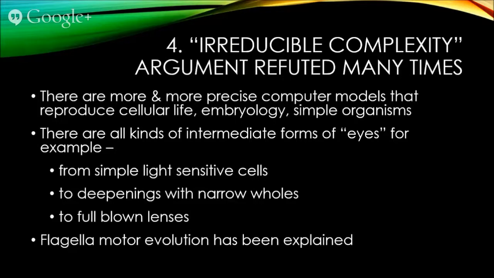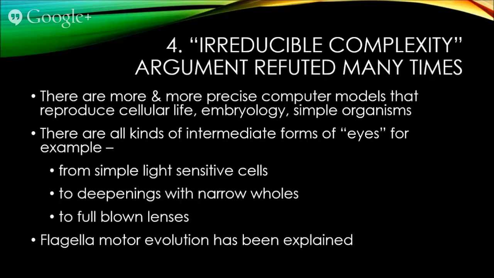And the only pseudoscientific point that they make is that we have this complexity. Everything is so complex. It couldn't come about by chance. This shows that they don't understand very simple things.